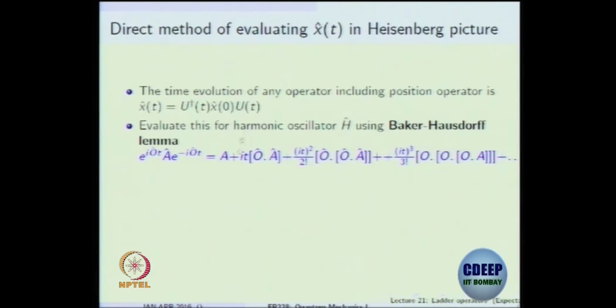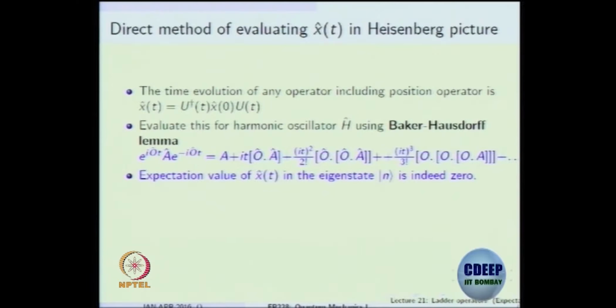So this also I want you to do as an exercise yourself and verify that using uncoupled ladder operators you could infer what x of t is, but you can also do it elaborately without going into the ladder operators, and you should get the same answer.